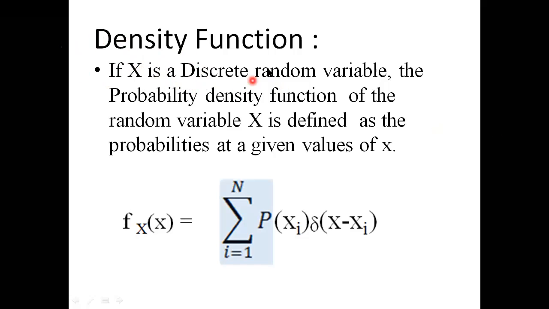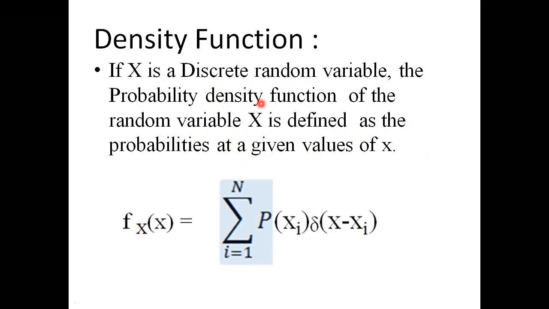If x is a discrete random variable, then the probability density function of the random variable x is defined as the probabilities at given values of x. The probability density function is equal to the probability of the particular event. Whatever the probability is at that event, the same we get as the density function.